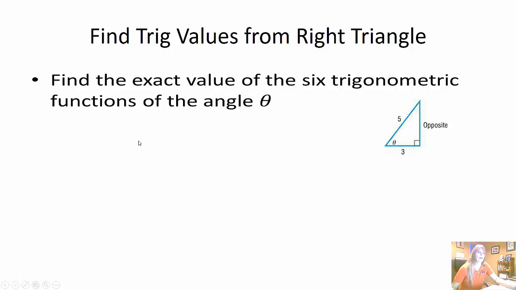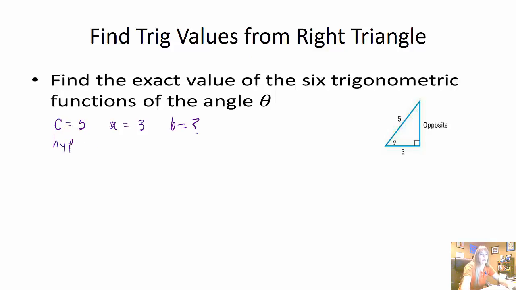So moving right along, if I want to find exact values of the six trigonometric functions of a particular angle, I will do so with my SOHCAHTOA. Looking here, I'll call the hypotenuse c, one leg a, and the other b, which I don't know, so I have to find it.